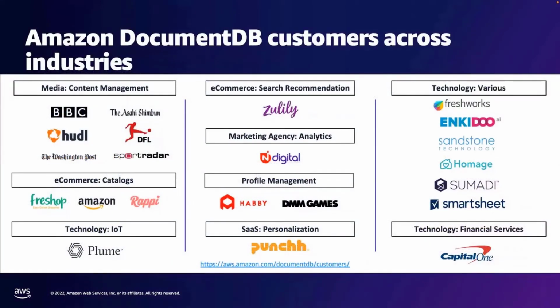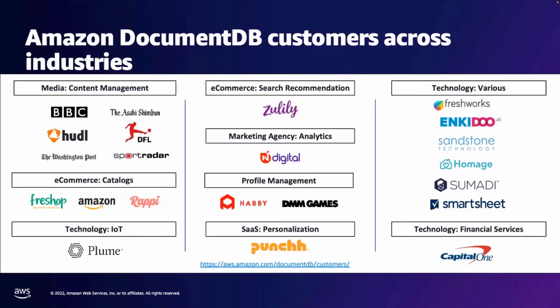Let's see some of the Amazon DocumentDB customers. We have been GA since January 2019. Since then, a lot of customers, from small startups to Fortune 50 organizations, are using Amazon DocumentDB for their mission-critical applications. Customers include global organizations like Capital One, digital natives like Rappi and Zulily, and game publishers like Happy.